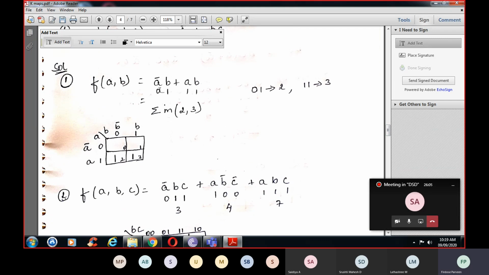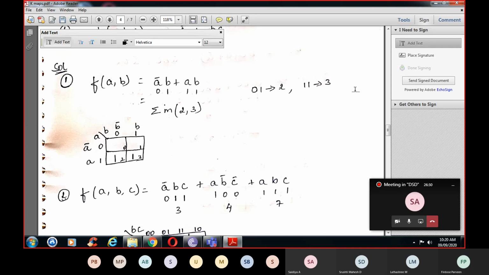So A bar means 0, B means 1. A means 1, B means 1. So 0, 1 means, sorry, it is 1. It is wrongly written and shall change. It is not 2.